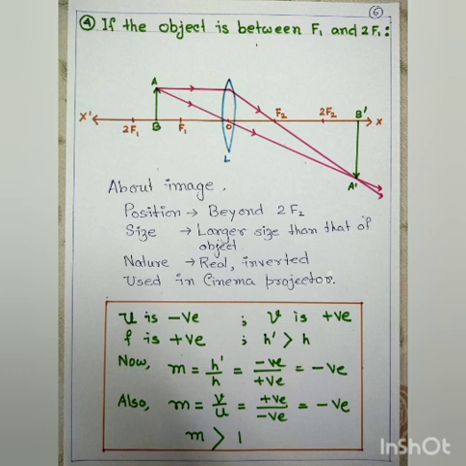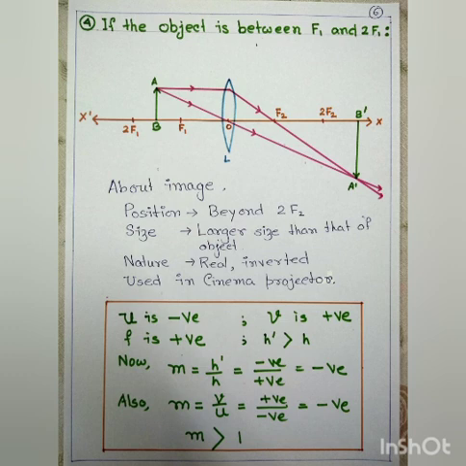So what decision can we take about the image? Position of the image is beyond 2F2. Size is larger than that of the object. Nature is real and inverted, and this situation is used in the cinema projector.